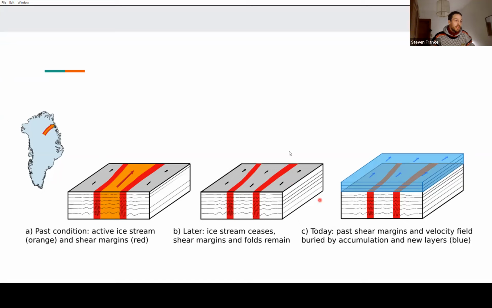And then at some point this ice stream shut down, because we don't see it at the moment in the ice surface flow velocity, but these features remained, which gave us the possibility to identify them. And then over time we have more and more accumulation on the surface, which compresses the whole ice column and reduces a bit the amplitude of these short wavelength folds.